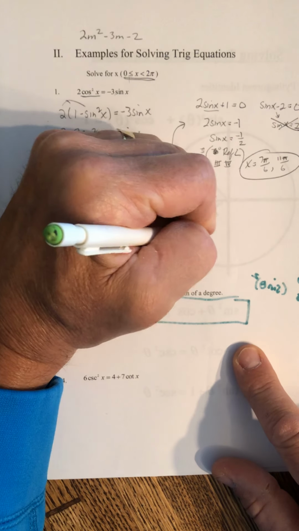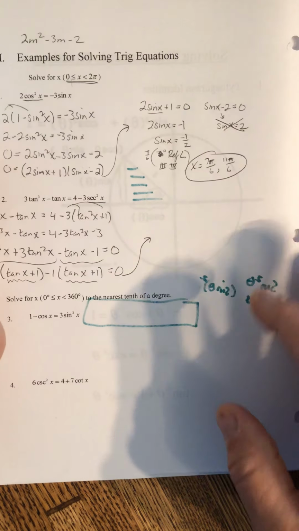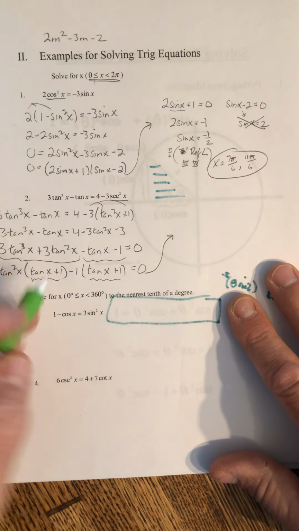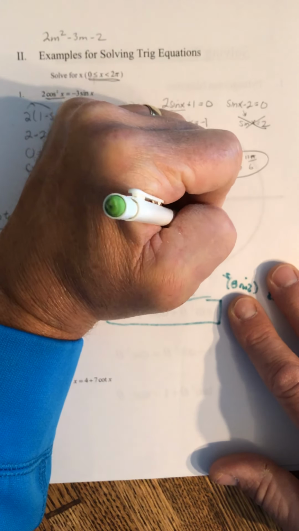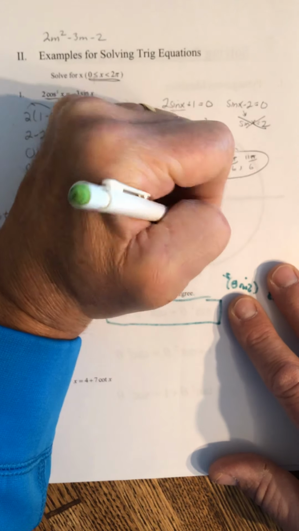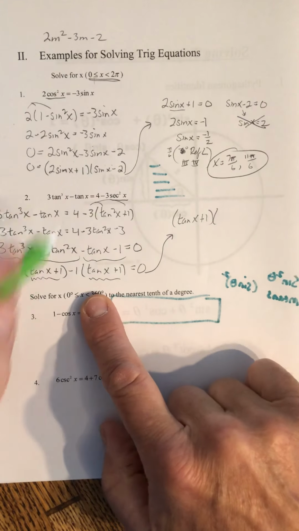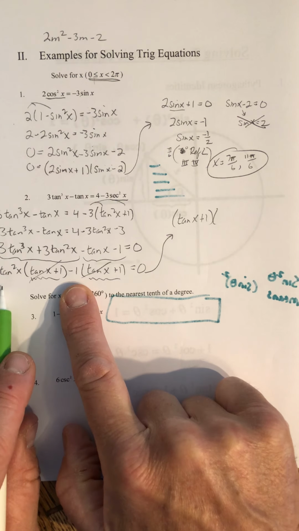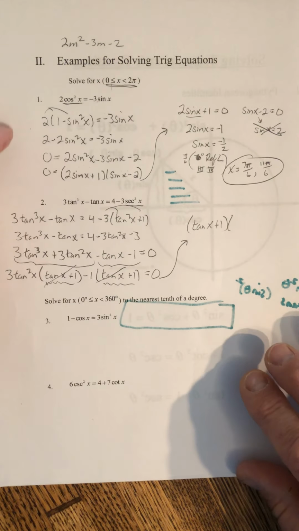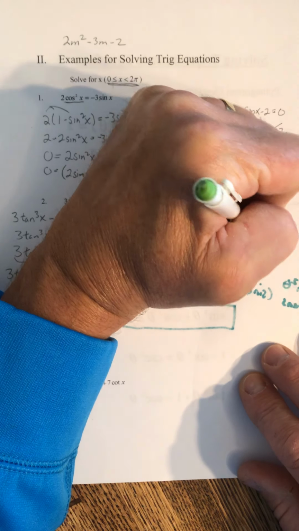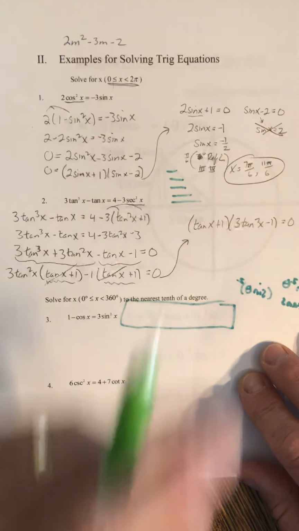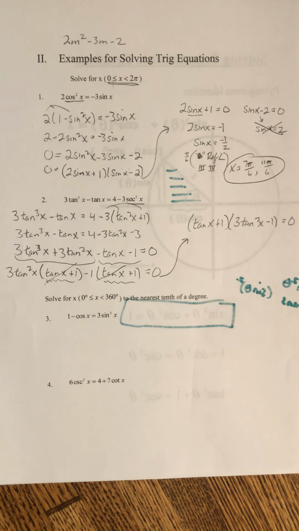So if I go up here now, my next step would be to factor out the common factor, the tangent x plus 1. If you factor those out, imagine those being crossed out. Whatever's left is your other factor, 3 tangent squared x minus 1. And there is our factorization.